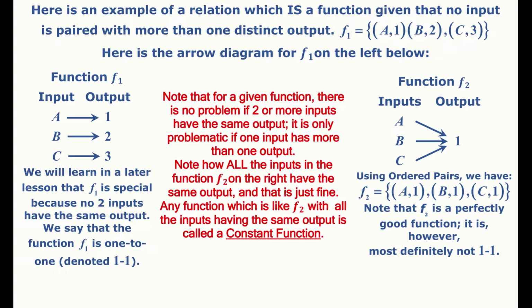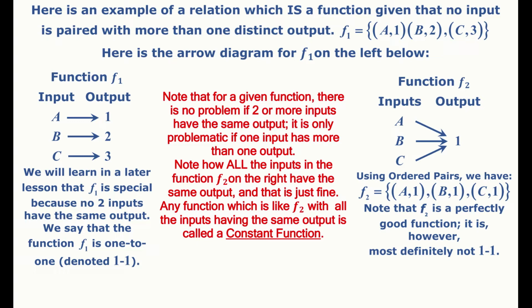Now, do notice that for a given function, there is no problem if two or more inputs have the same output. We never said that two or more inputs cannot have the same output. All we said was that no input should have more than one output. So look at this particular relation here.